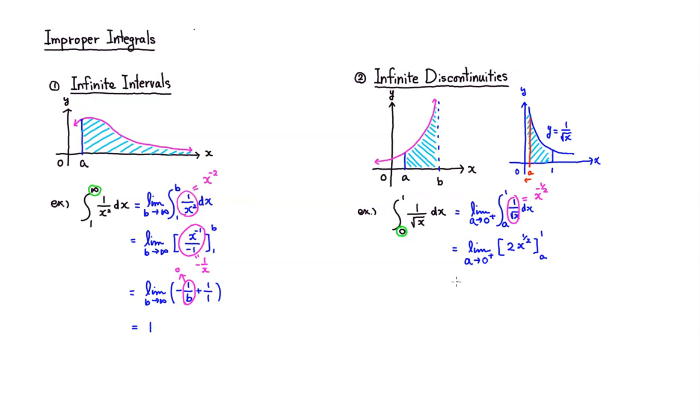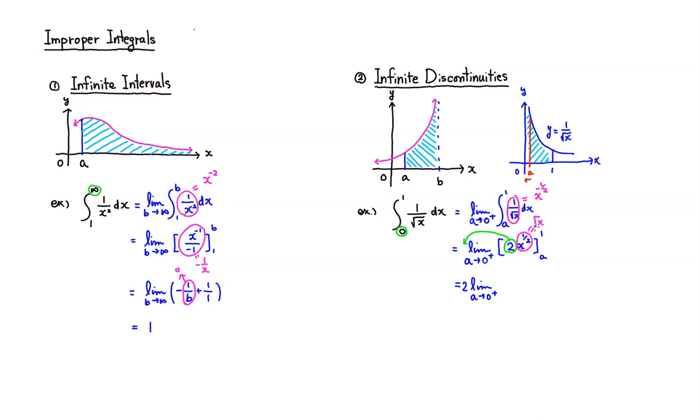And then it's going from a to 1. Right? So here you have a limit, as a approaches 0 from the right. And since that 2 is just a constant multiple, we can place it in front. So I can just put the 2 in front of the limit. All right, so x to the 1/2 power is equivalent to square root of x.